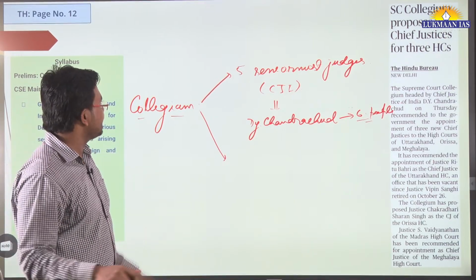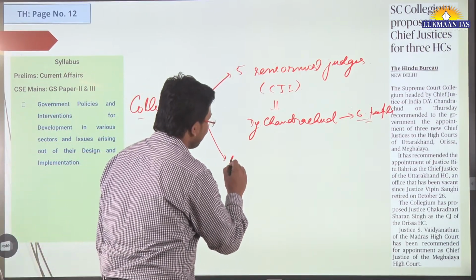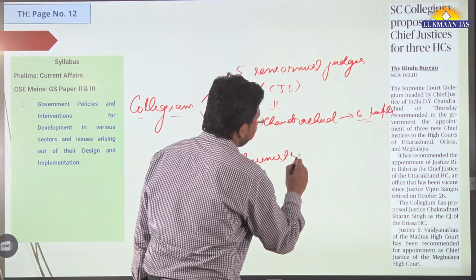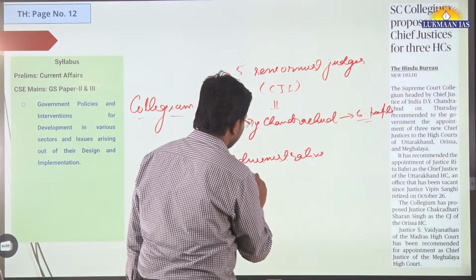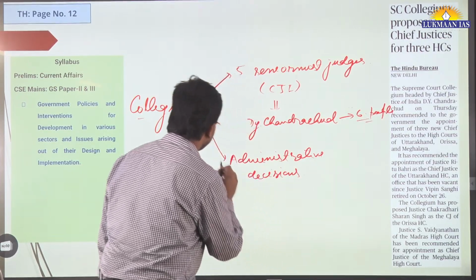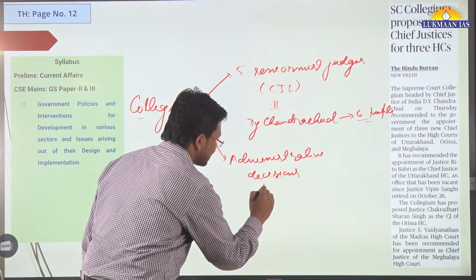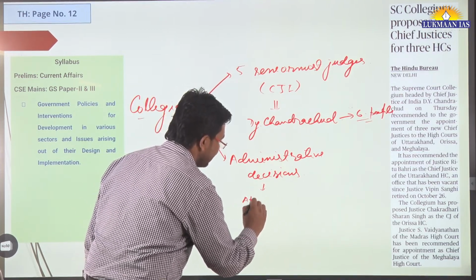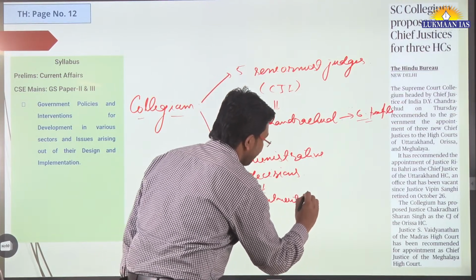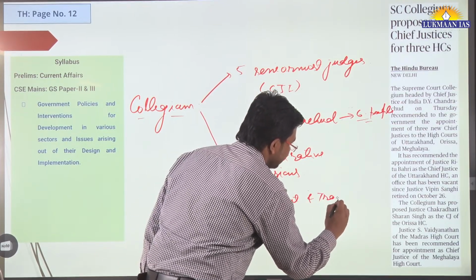So these are, I would say, administrative decisions, like appointments and transfers. Appointment to the High Court or the Supreme Court, appointments and transfers are taken by the collegium.